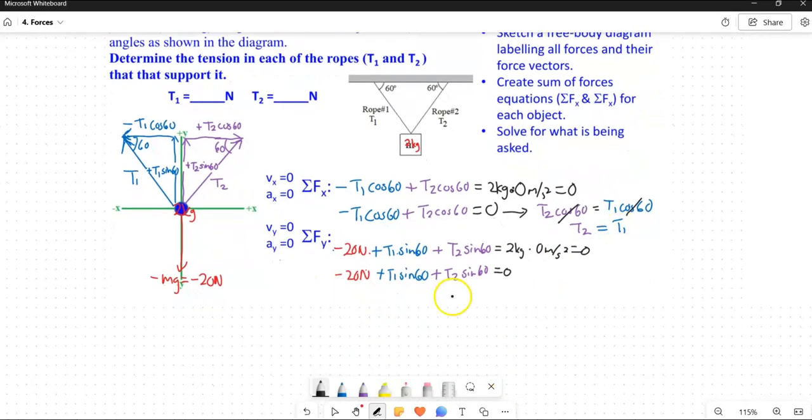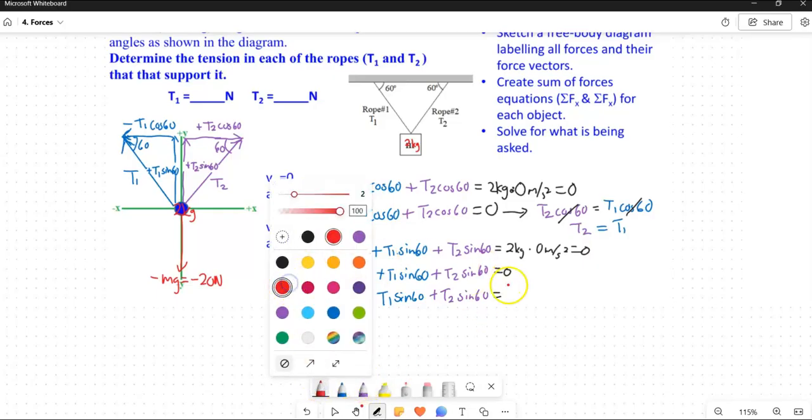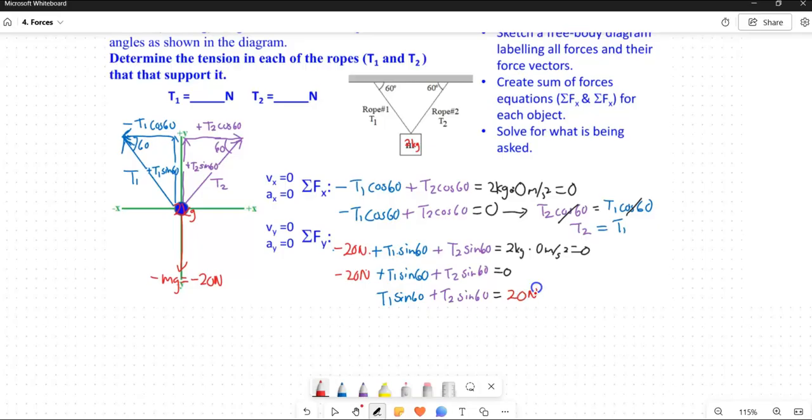I'm going to bring the 20 newtons onto the other side. So T1 sine of 60 degrees plus T2 sine of 60 degrees is going to be equal to positive 20 newtons.